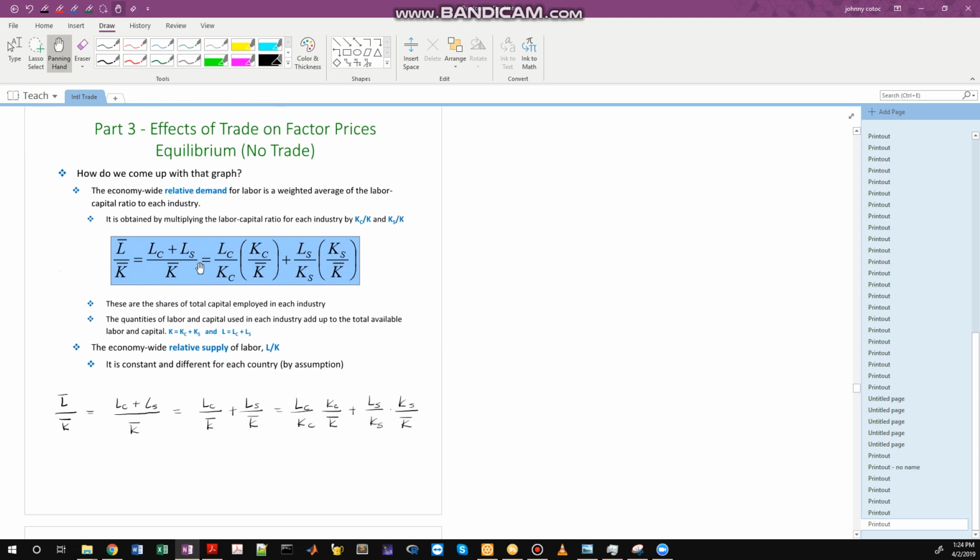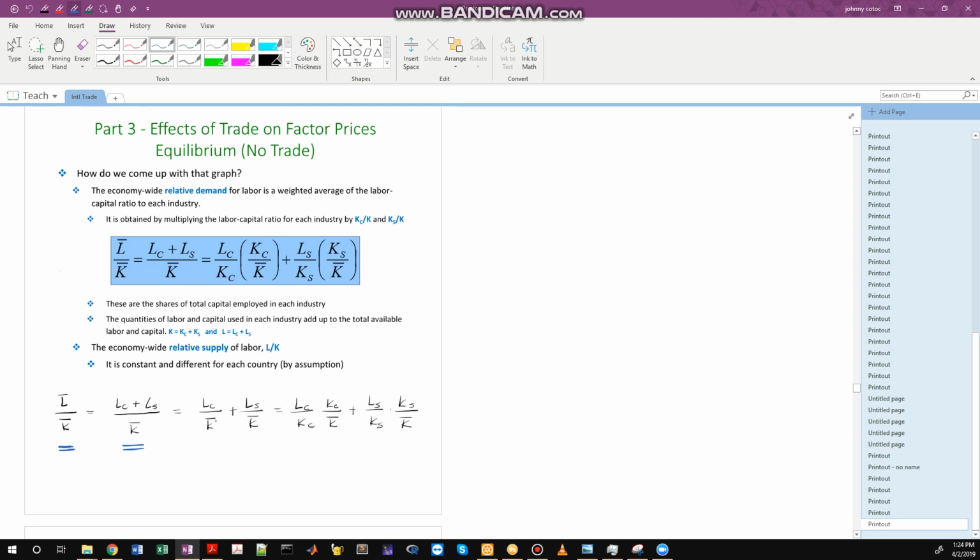We get that by starting with the equation of total labor over total capital. For this video, I added this over here. So we start with total labor for the country over total capital. This total labor is going to be split between the sector for computers and the sector for shoes. So we can change the numerator to be LC plus LS, and then we simply put a plus sign in between them.